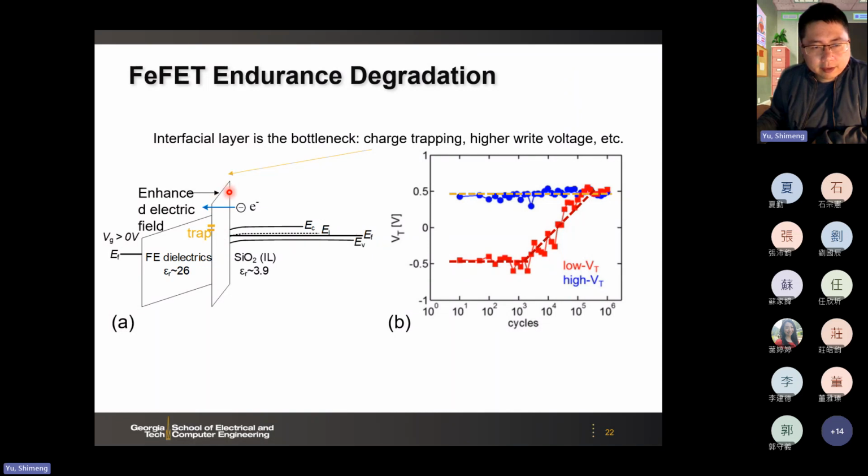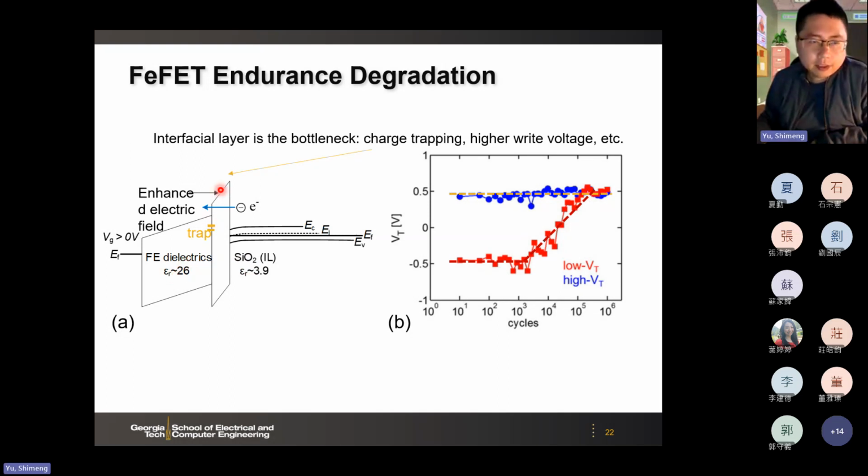If you look at the band structure of the silicon dioxide, it's a much higher band gap. And also the dielectric constant, silicon dioxide is about 4, and hafnium oxide 25, 26.